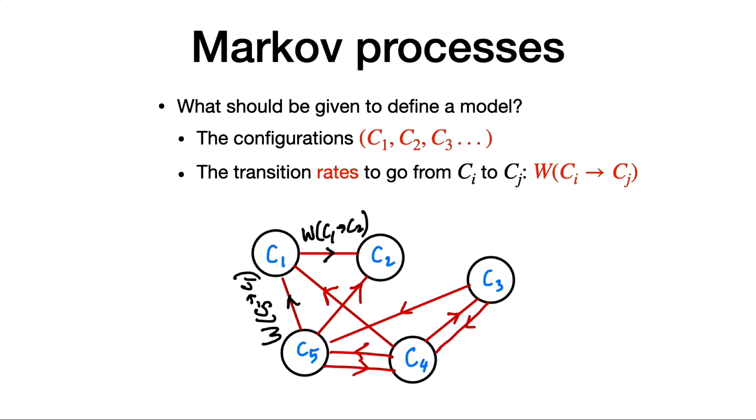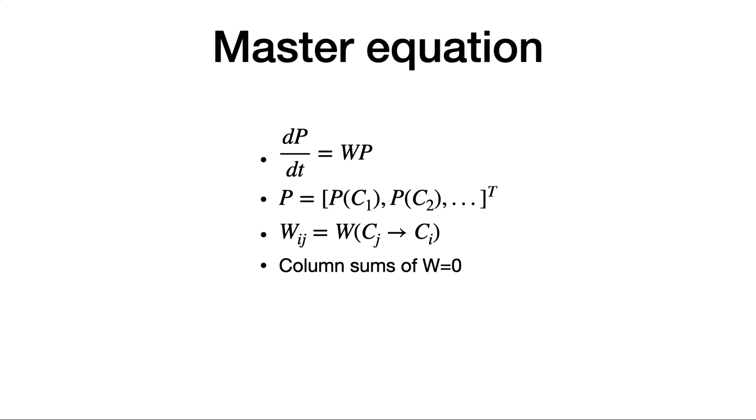Recap. Let me recap one more time whatever we said. Markov process, what should be given to define a model? The configurations C1, C2, C3, C4, and the transition rates W going from Ci to Cj. Then there is a master equation, dP/dt = W P. P is a column vector, the probabilities of C1, C2, C3, ..., Cn.